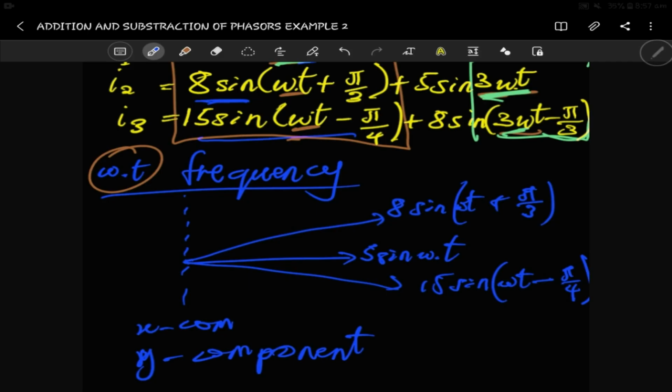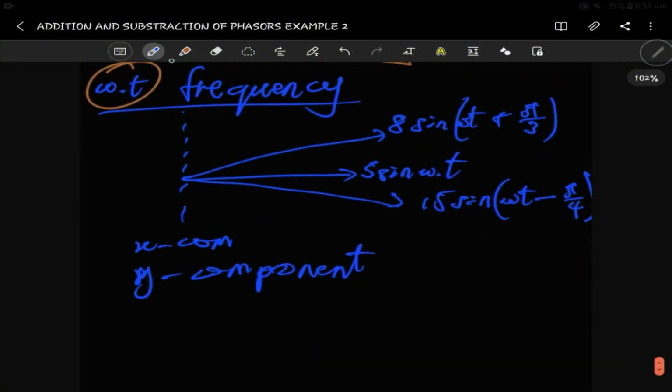It's a similar procedure to the previous one, but with a slight difference. So this is how I go about it. Looking at this one very well, this sine here is in line with the x-axis, so that one is straightforward. Now we are trying to find the x component and the y component.